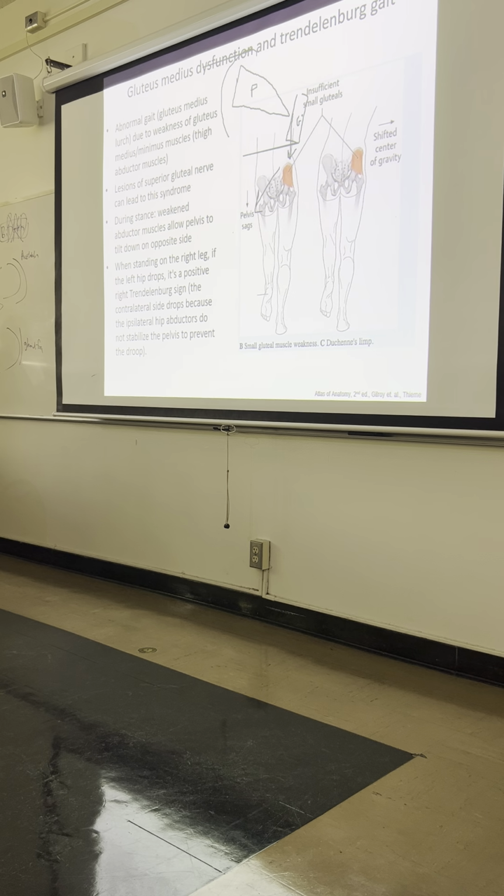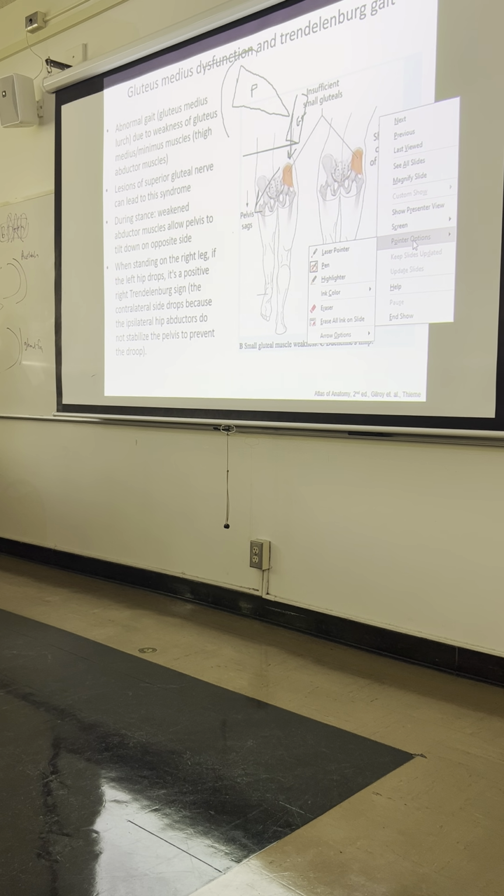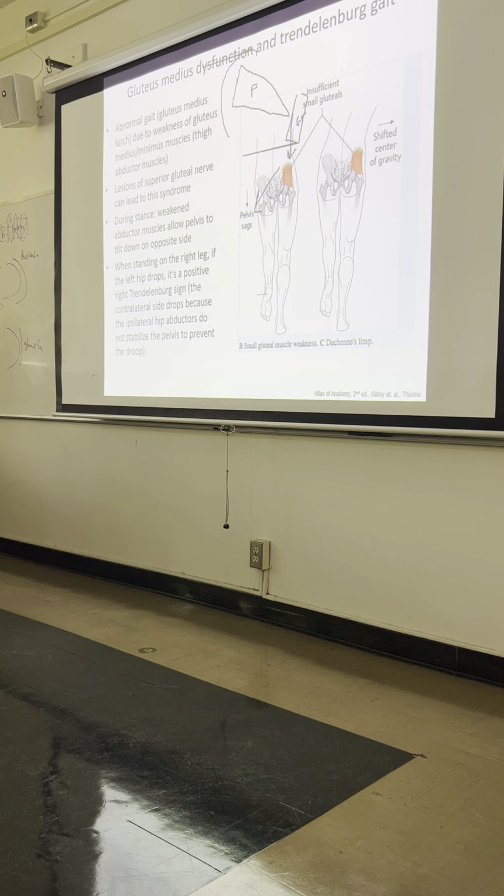So when you're looking for the gluteal nerves and vessels that go into the gluteal muscles, here's how you find them. The superior gluteal nerve and vessel are named because they come out superior to piriformis, and the inferior gluteal nerve and vessel are named because they come out inferior to it.